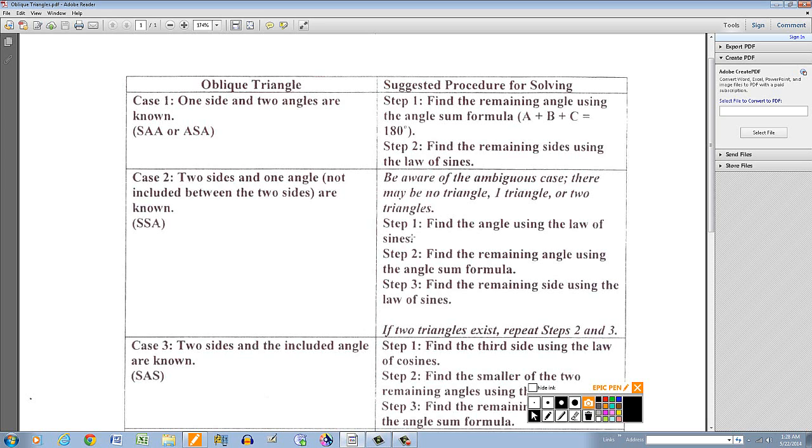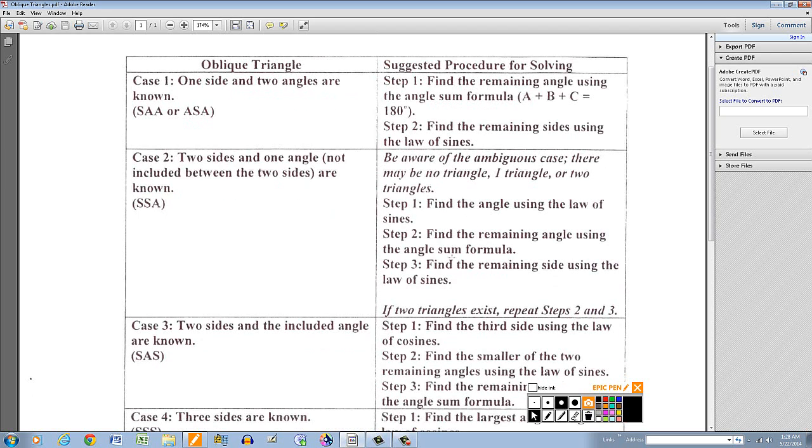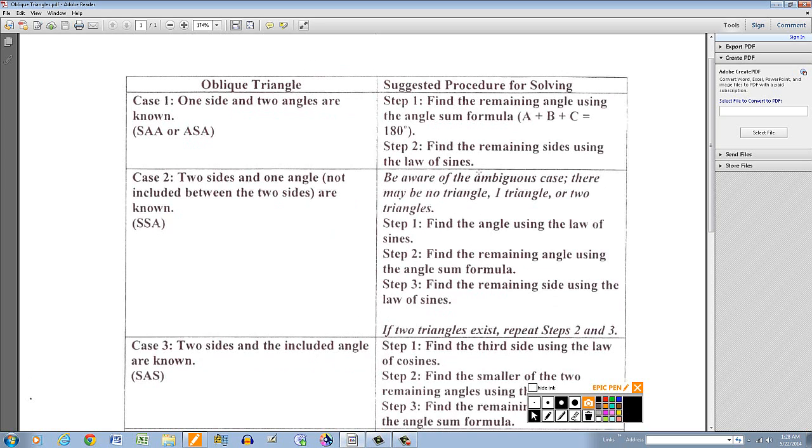Now, down here it says if two triangles exist, repeat steps 2 and 3. So how are you going to know if you have two triangles? Here's what happens in this particular case. Let me remind you that two angles are supplements of each other if they add up to 180.